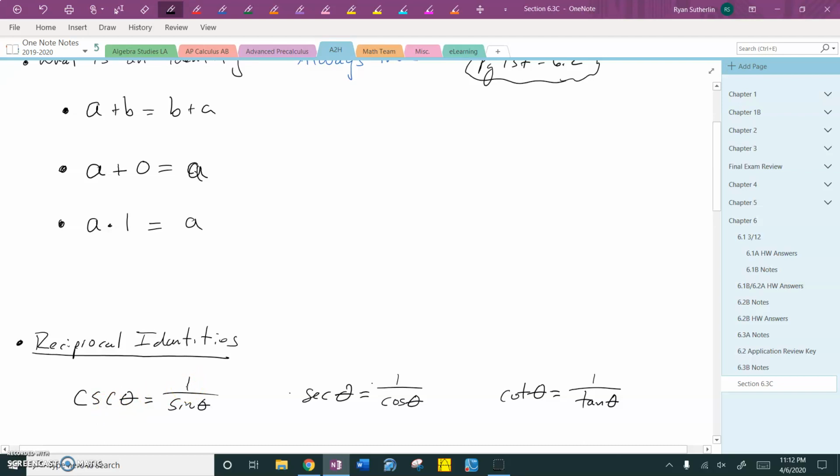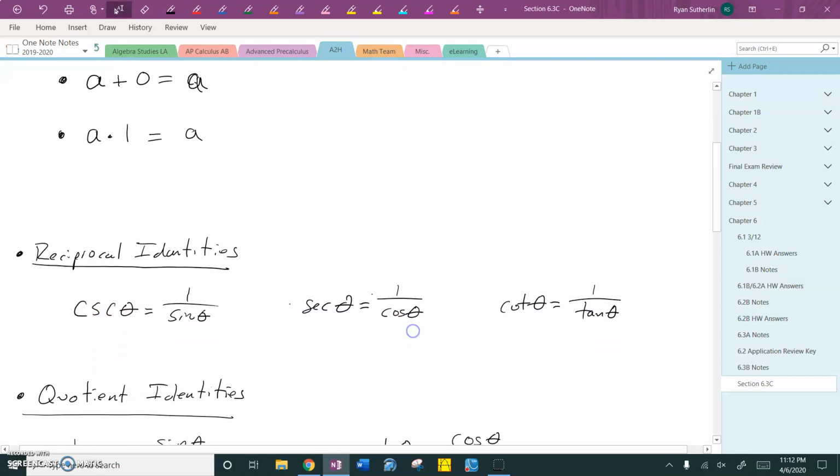Secant is the reciprocal of cosine, 1 over cosine, and cotangent is the reciprocal of tangent. I could rewrite each of these so that sine equals 1 over cosecant, cosine equals 1 over secant, and tangent equals 1 over cotangent, but I think more often you're going to be rewriting things in terms of sines, cosines, and tangents.